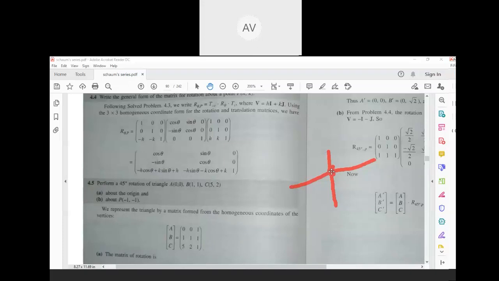Again we have to rotate the triangle about point P (-1, -1). So this point will be somewhere here. So first we have to translate this.